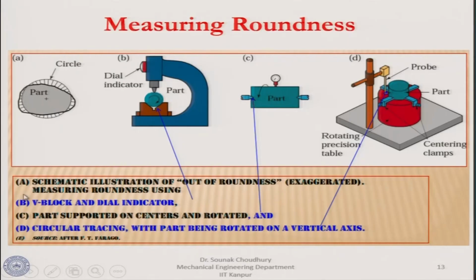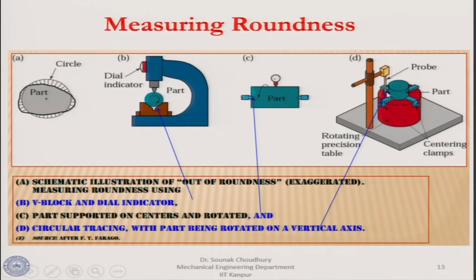Now, this is measuring roundness using the V block and the dial indicator, with the part supported on centers and rotated, and here you see a circular tracing. The part is here in green, and these are the clamps which help in clamping the part on a base. This is the rotating precision table, it rotates, and this is the probe.